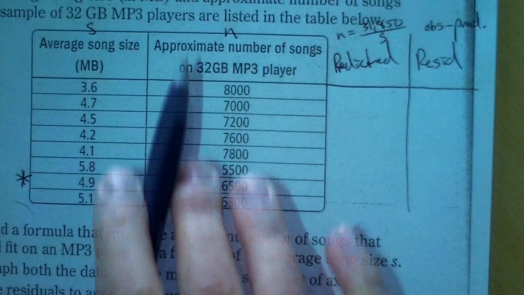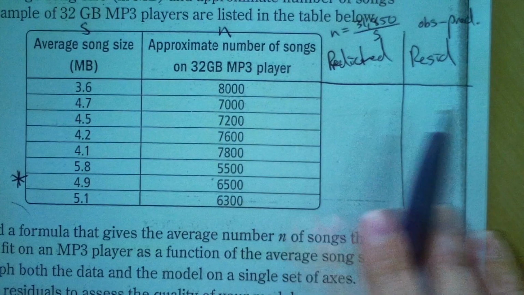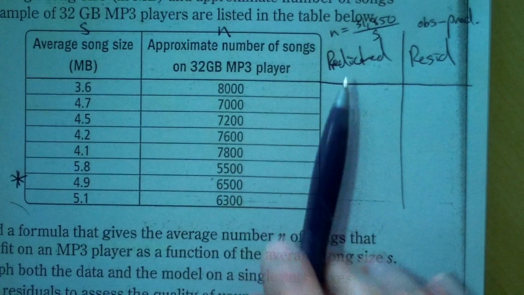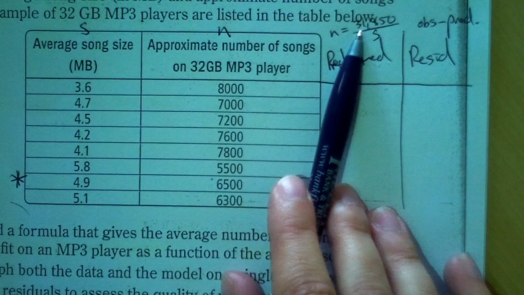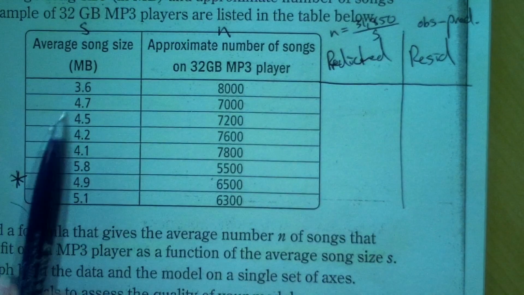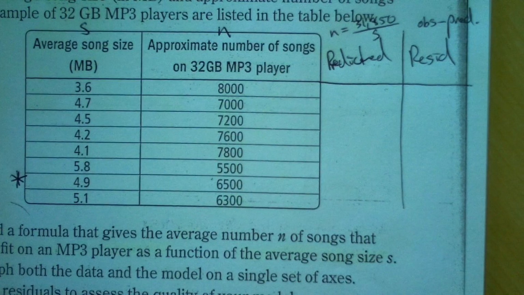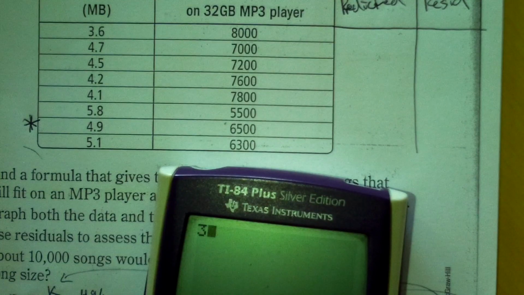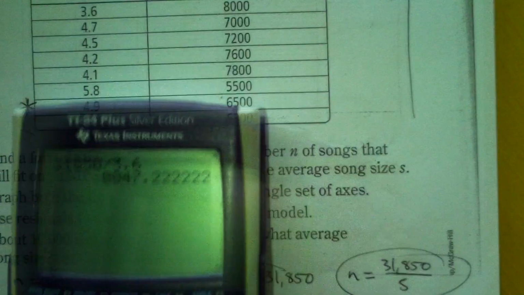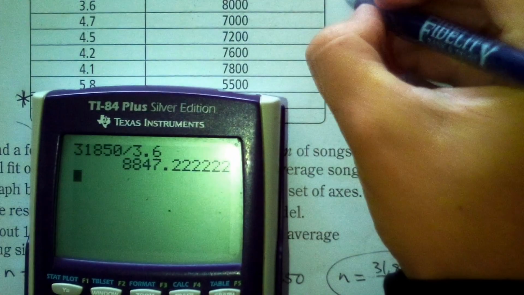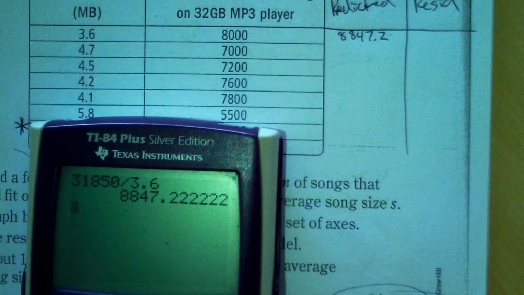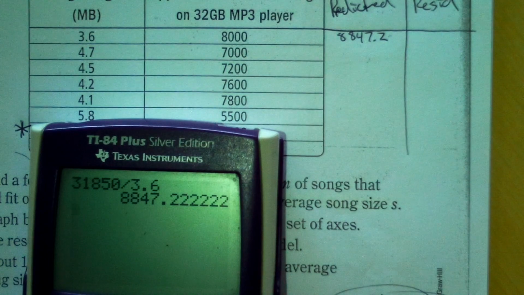Next one, if I can read my handwriting, is 7,077.8, 7,583.3, 7,768.3, 5,491.4, 6,500 right on the dot.